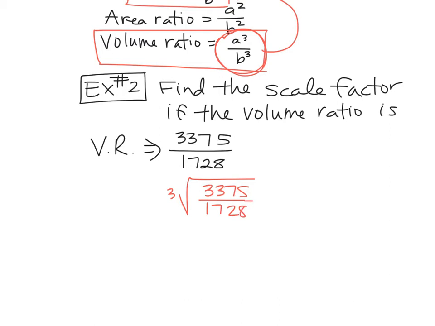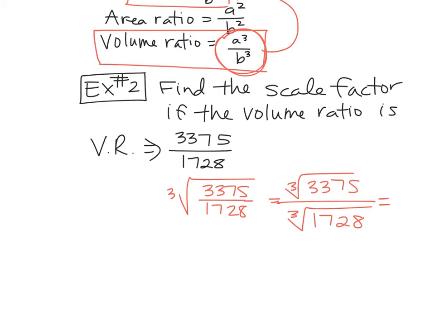If you plug it in as two separate problems, the cube root of 3,375 and then the cube root of 1,728, that will give you nicer numbers. Otherwise, you can just use a key to turn it into a fraction again. If you know where that key is on your calculator, that can work too.